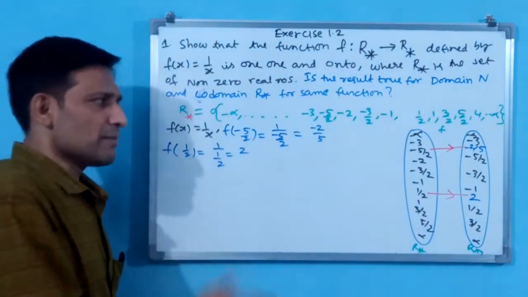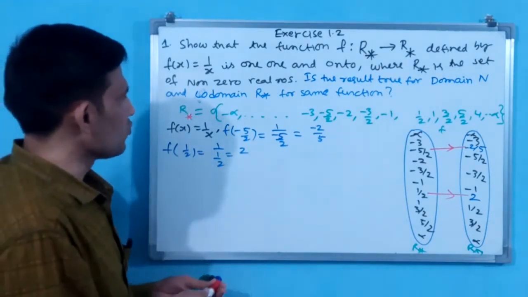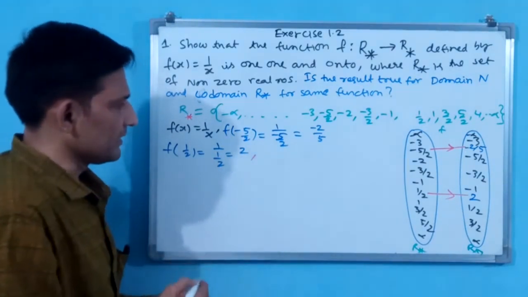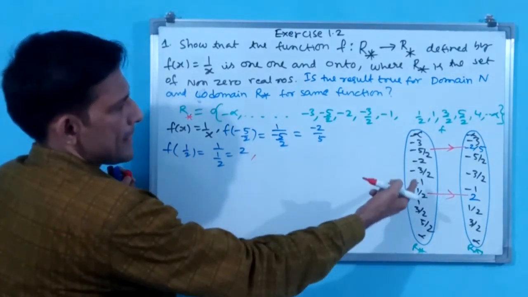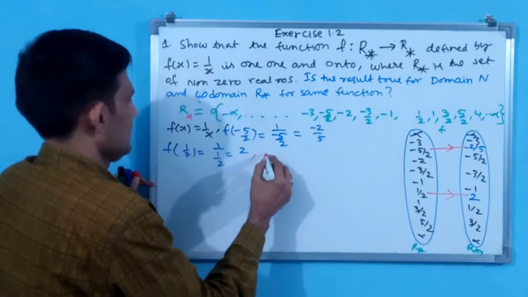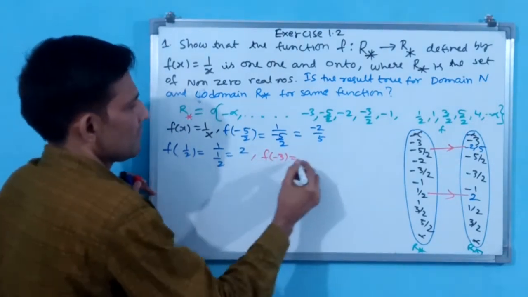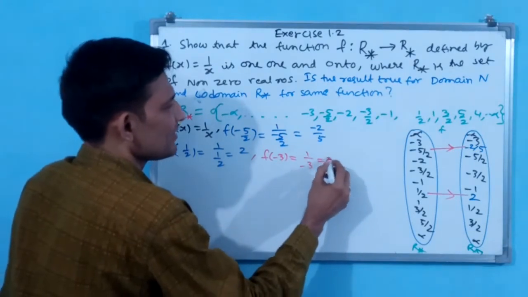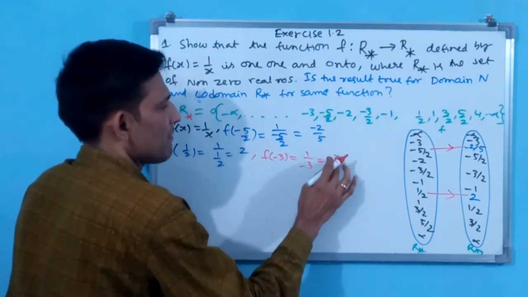Okay, function only but relation. Now I have taken 2, and 2 more I will take. This time say I take minus 3. f of minus 3 is equal to 1 by minus 3, that is equal to minus 1 by 3.